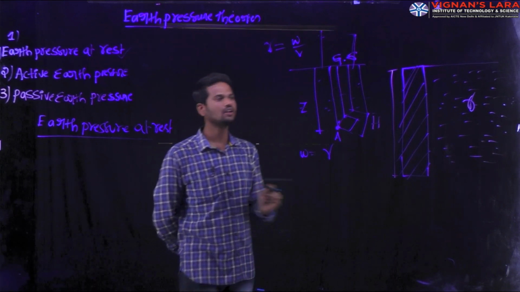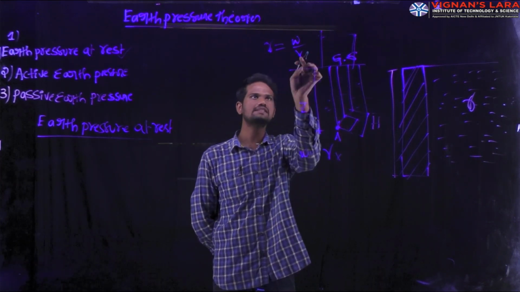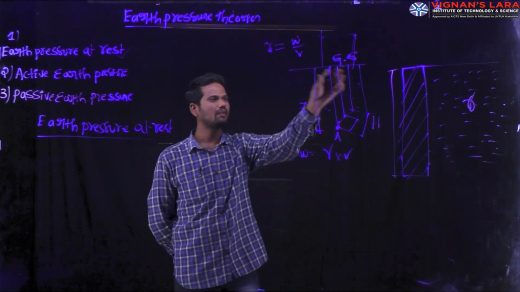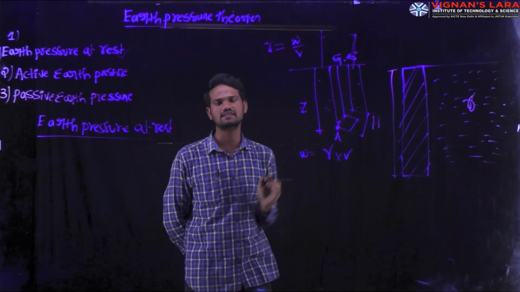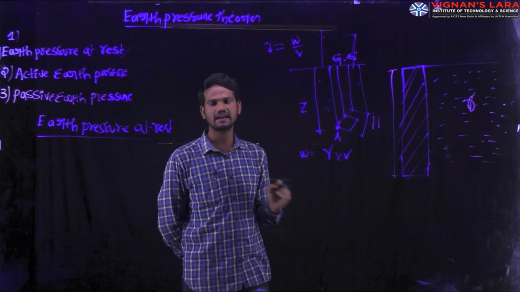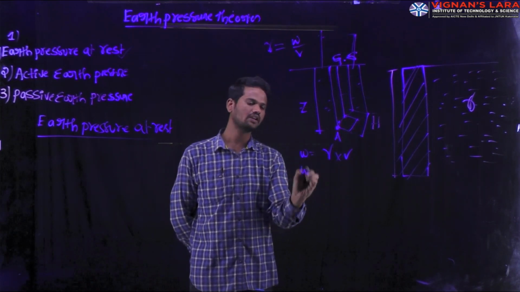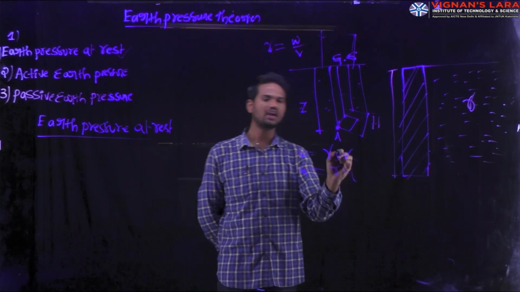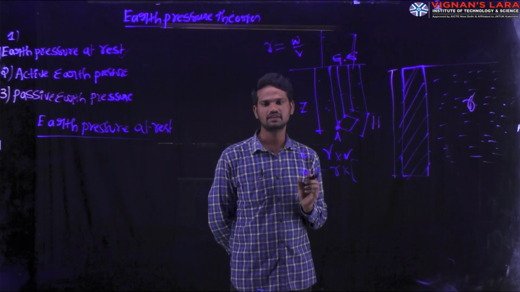Gamma is the unit weight of the soil available here, and V is the volume of the soil element. For the soil element, in this particular cross section, we have to calculate the volume of soil creating the weight. That means the weight of the soil element W equals gamma times volume, where volume is nothing but depth times the area of the cross section of the soil element.